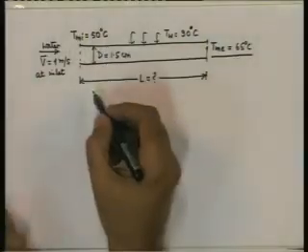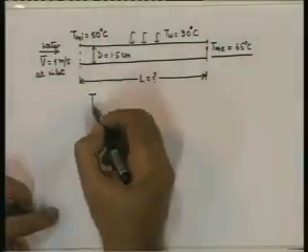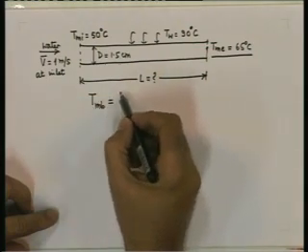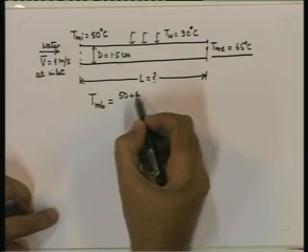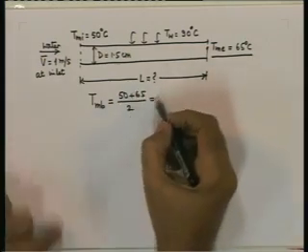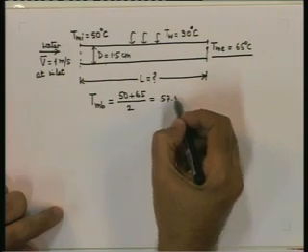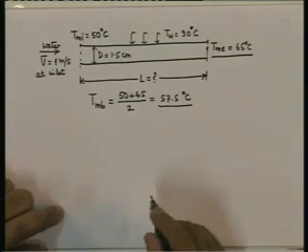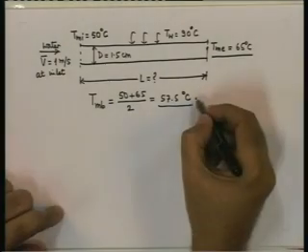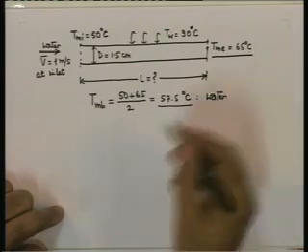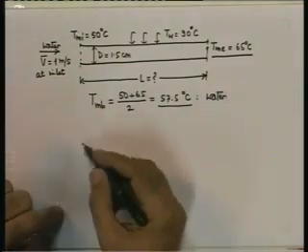So, we can determine the bulk mean temperature, 50 plus 65 by 2, which is 57.5 degrees C. And at this, for water, the following properties will be interpolated out.